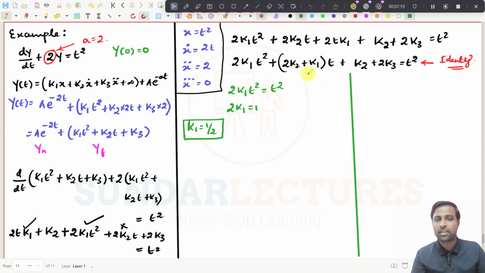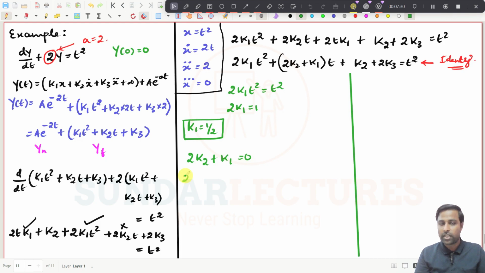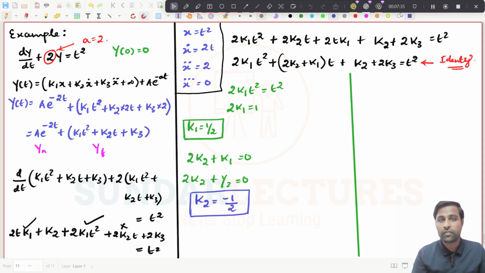So now this term equals 0, because there is no t term in the right hand side. So I can write 2k2 plus k1 equal to 0. So it will be 2k2 plus 1 by 2 equal to 0. If I simplify this, I will get k2 equal to minus 1 by 2.